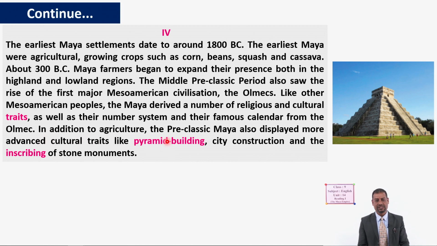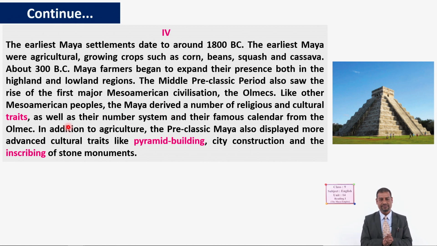In addition to agriculture, the Preclassic Maya also displayed more advanced cultural traits like pyramid building, city construction, and the inscribing of stone monuments. So, have you finished reading with me, dear students? If so, you are good at reading. Now, again we have some unfamiliar words here.